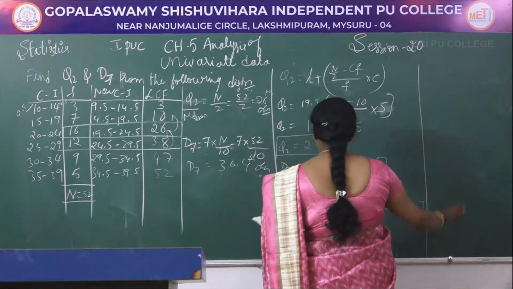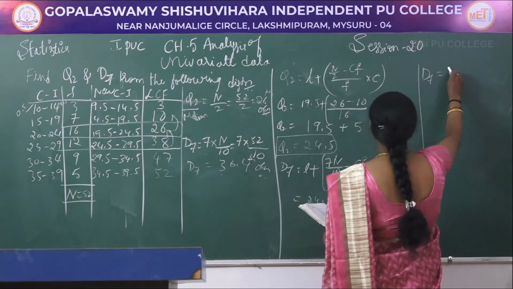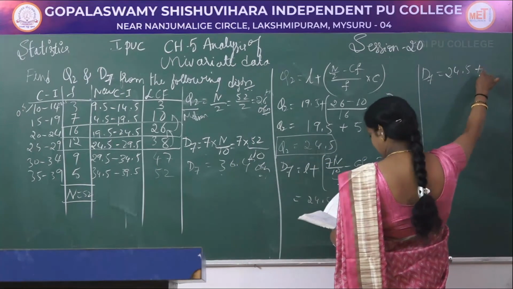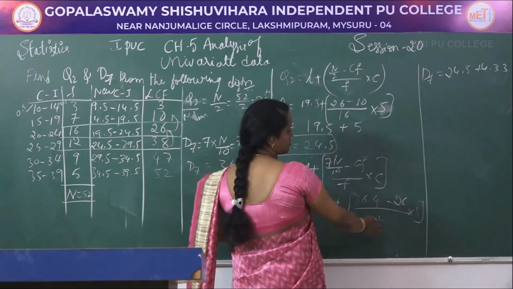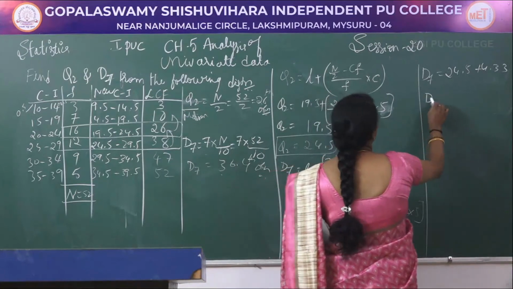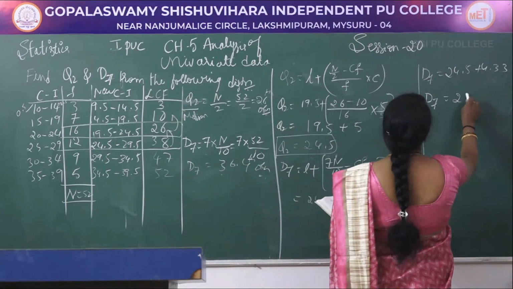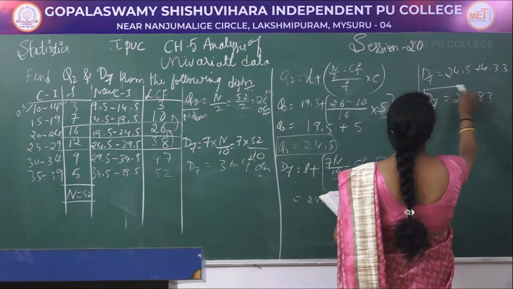To find D7, it is 24.5 plus 4.33. After this simplification, the value is 4.33. So D7 is equal to 28.83.